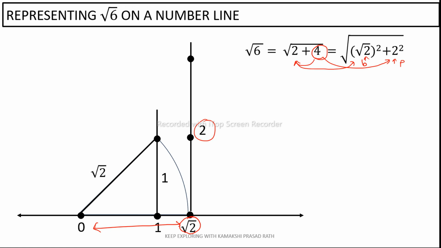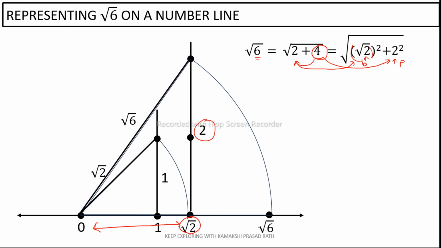According to the Pythagoras property calculation, root 2 whole square is 2, 2 square is 4, so 2 plus 4 we get 6. So our hypotenuse will be root 6. Now we need to plot it on the number line. The same concept, we'll measure root 6 using a pair of compasses and plot it on the number line. So this will represent root 6.